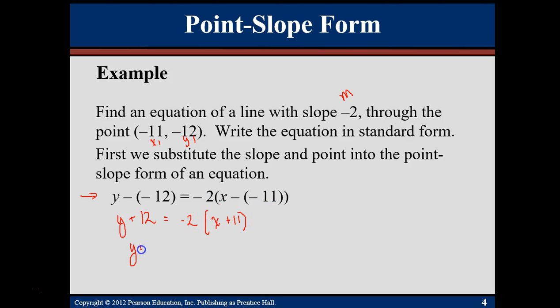Now I can distribute. I have -2x minus 22. I could either write it where my x's and y's are on one side, or I can put it in y equals mx plus b form by subtracting 12 on both sides. And the equation of the line would be y equals -2x minus 34.